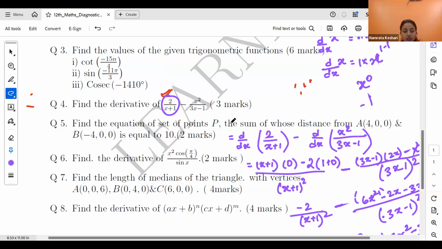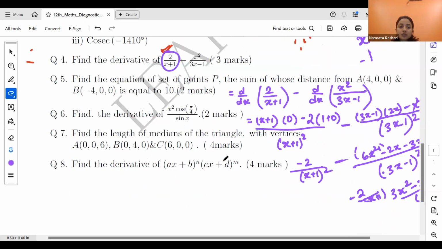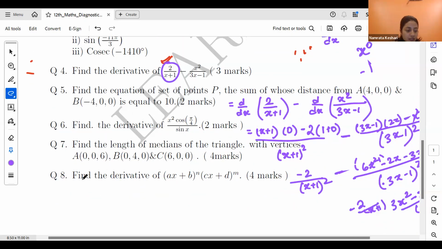I have seen your syllabus here: matrices, determinants, and differentiation. Calculus is there, differentiation is there, integration is there, differential equation is also there, and applications of derivatives are also there.